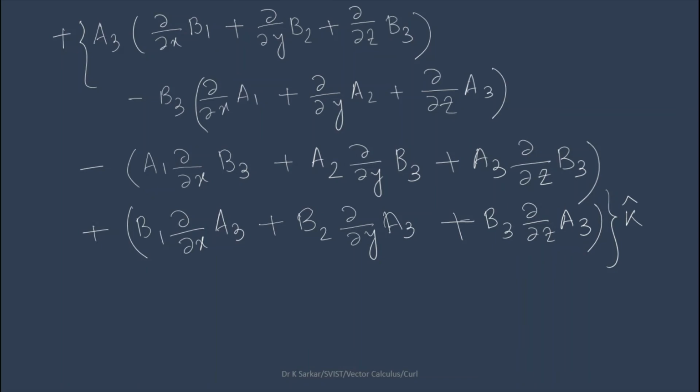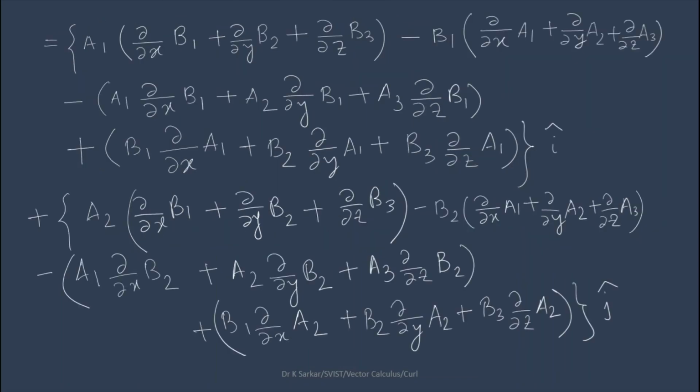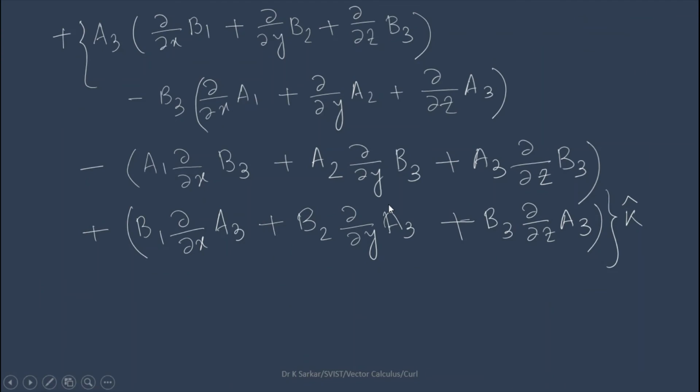Let's see. If we observe, here we see that A1 (∂/∂x B1 + ∂/∂y B2 + ∂/∂z B3). Here also ∂/∂x B1 + ∂/∂y B2 + ∂/∂z B3. Next here also ∂/∂x B1 + ∂/∂y B2 + ∂/∂z B3.